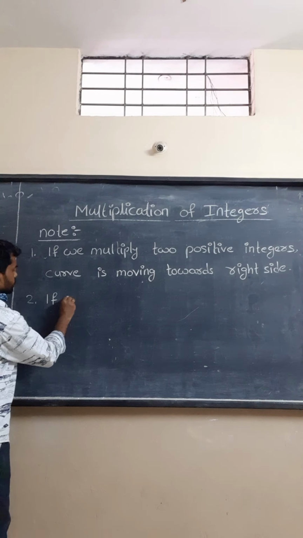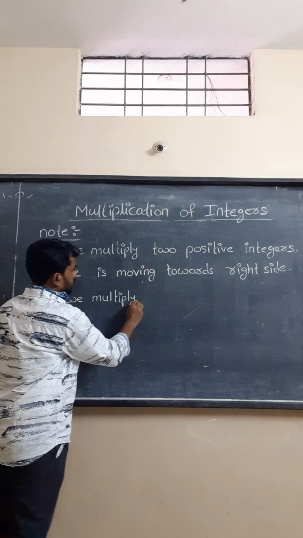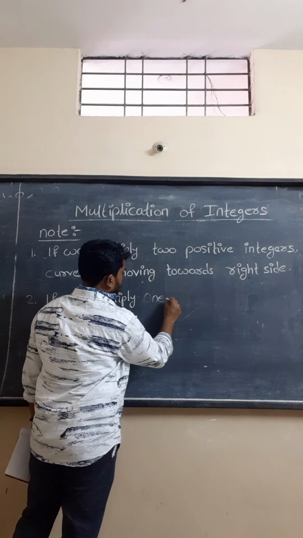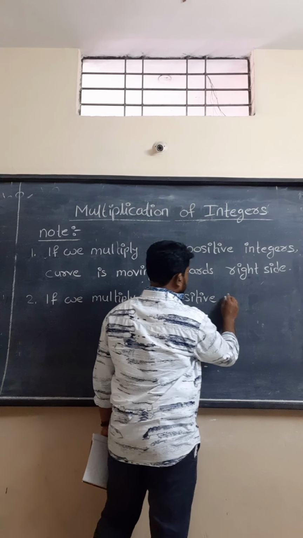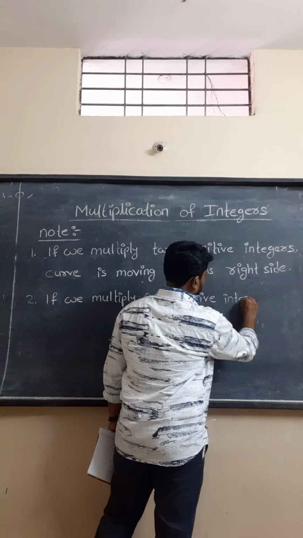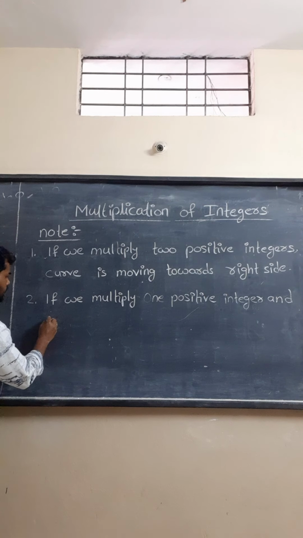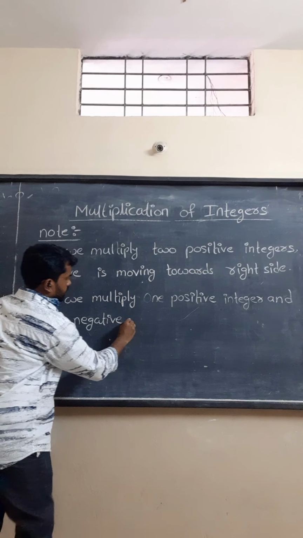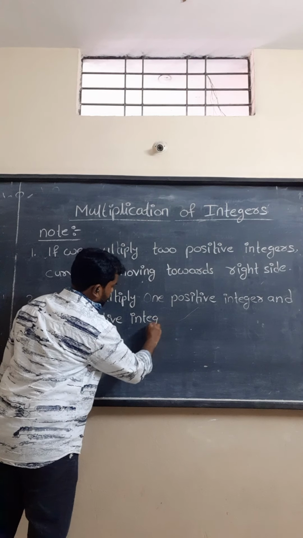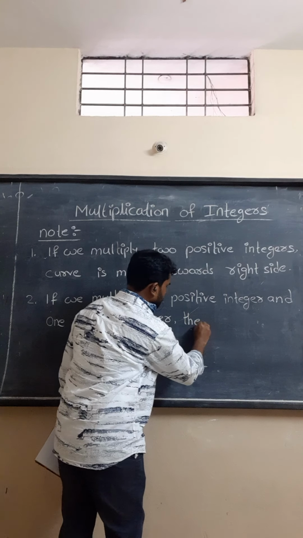If we multiply one positive integer and one negative integer, the curve is moving towards which direction?